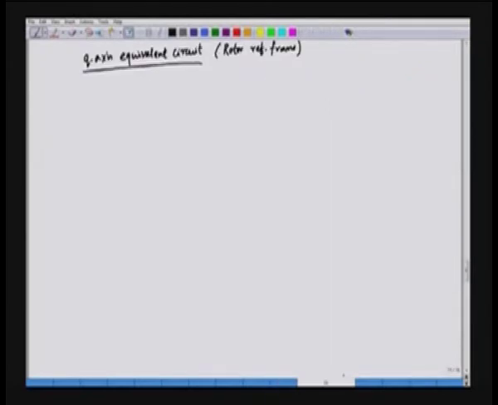So, here exactly in the same way we have the back EMF in the q axis, the stator resistance in the q axis, the stator leakage inductance, then we have the magnetizing inductance, and then we have the damper parameter.